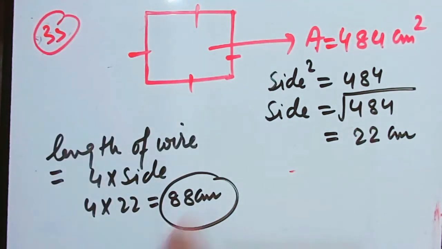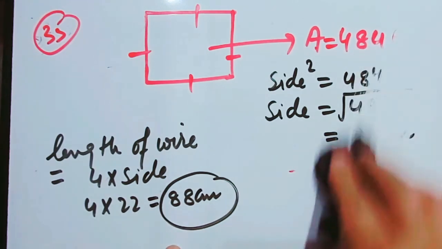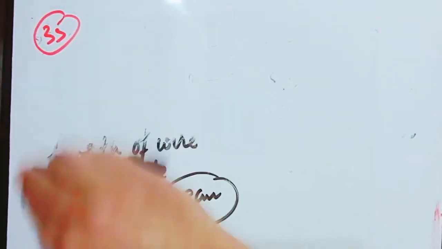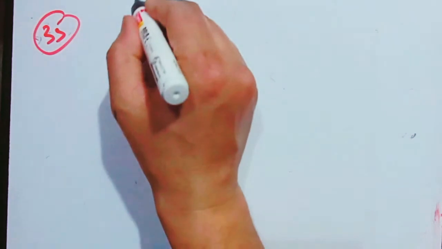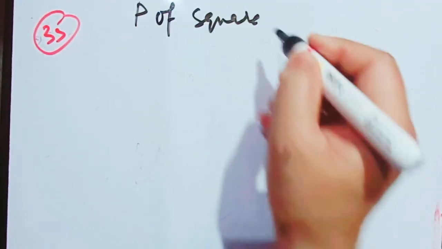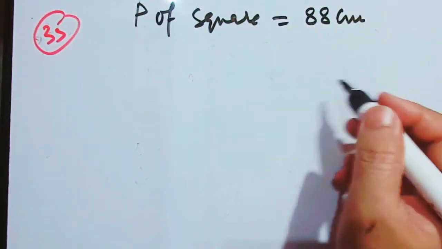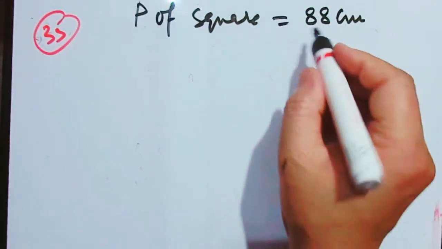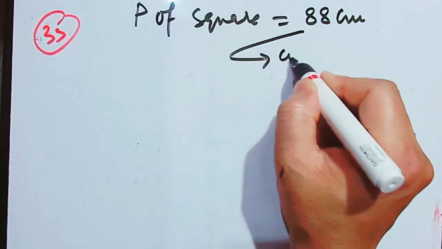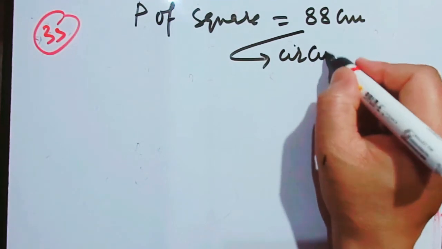Now the same wire, 88 centimeter, is used to form a circle. If the same wire is bent in the form of a circle, please do remember that the perimeter of the square was given as 88 centimeter. Now this 88 centimeter becomes the circumference of the circle, because you are converting this into a circle.